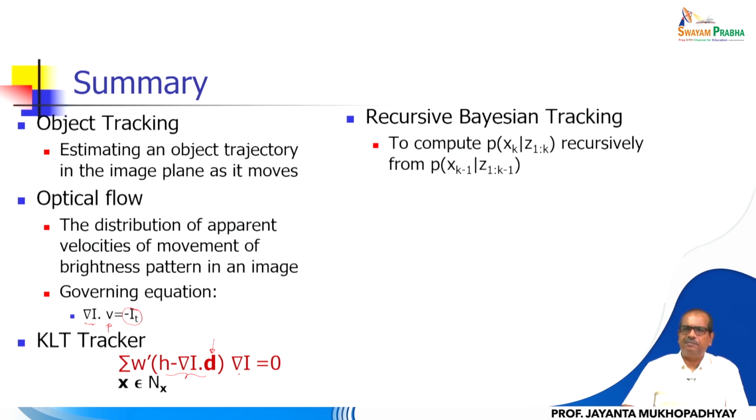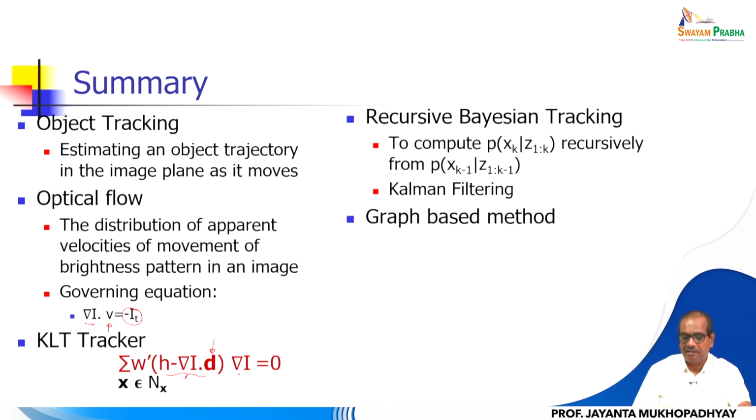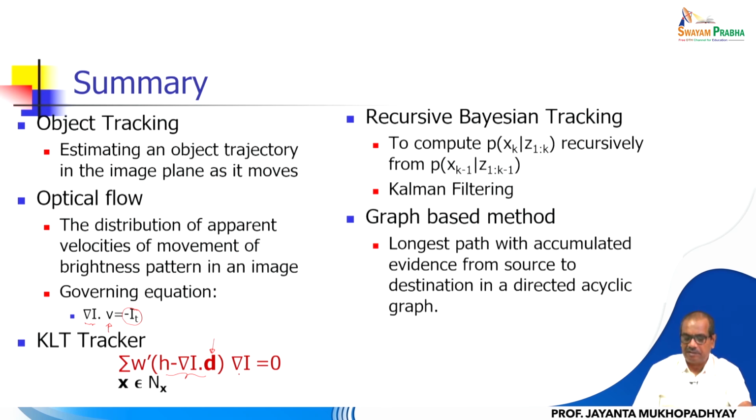It is kind of dynamic programming, once again in a probabilistic framework, and we discussed that. One special case of that tracking framework is Kalman filtering, that we discussed. Then we considered the graph-based method, which is basically computation of the longest path with accumulated evidence from source to destination in a directed acyclic graph.